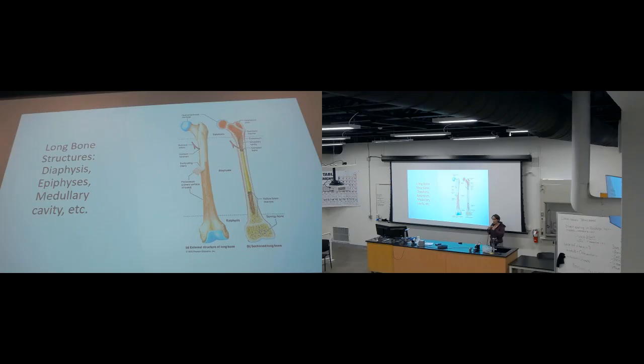They're not as close together as the compact bone osteocytes. And then you have a lot of connective tissue that is called the trabeculae.